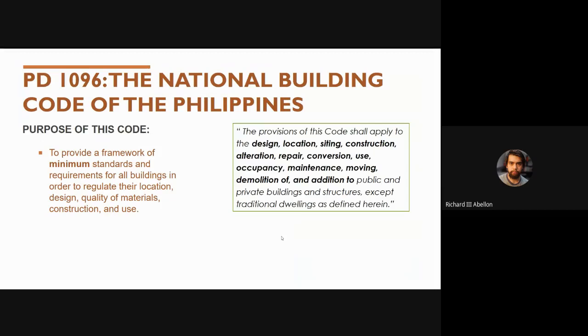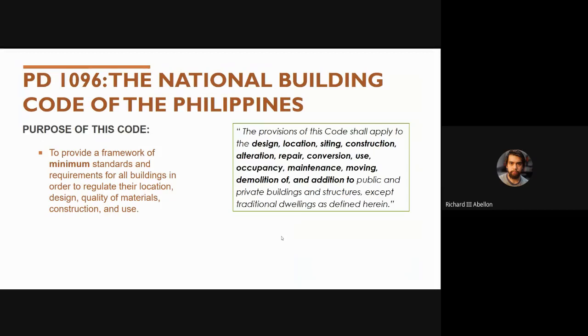So, anong ibig sabihin nito? This code is the one controlling, kinokontrol niya kung ano yung tamang measurements, ano yung proper spacing of each part of the building or the whole building itself. So, kasama na dito yung design, the location, siting, construction, alteration, repair, and so on.